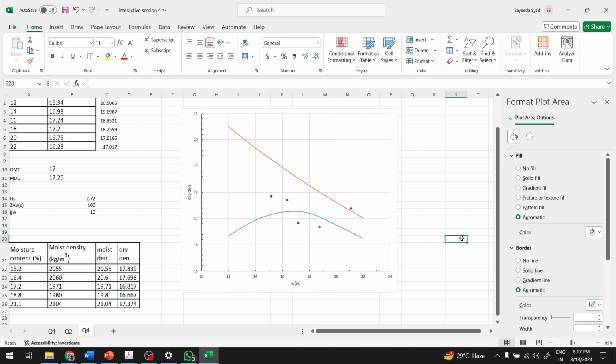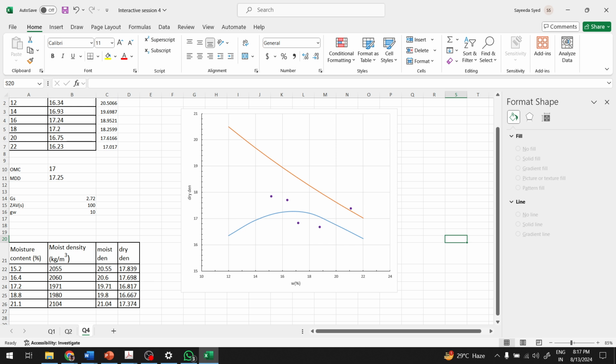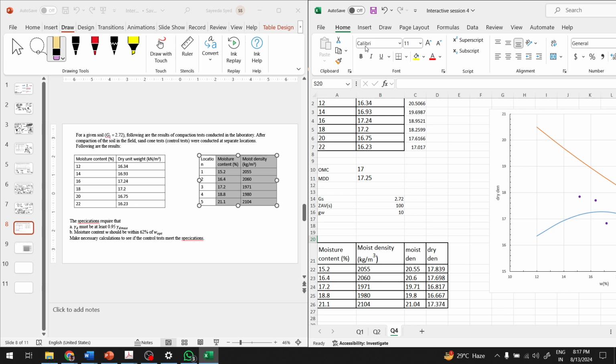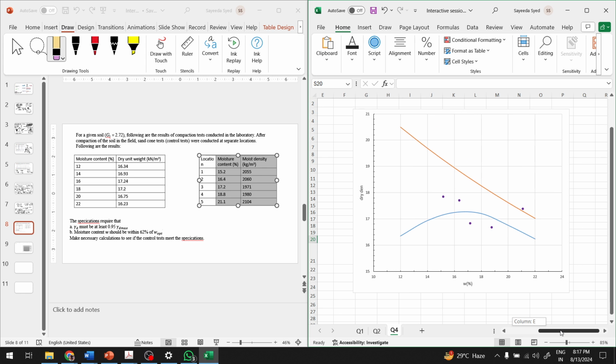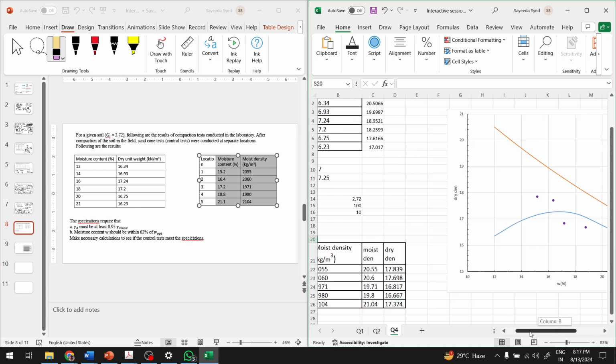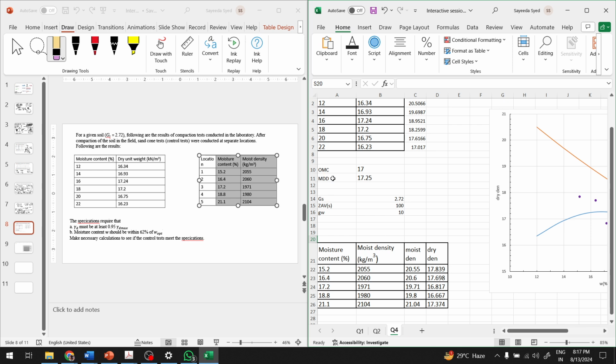So now, what is the requirement that the question is talking about? The question is talking about gamma d must be at least 0.95 times gamma d max. We already calculated the gamma d max, the MDD. Now 0.95 of this is 16 point something.